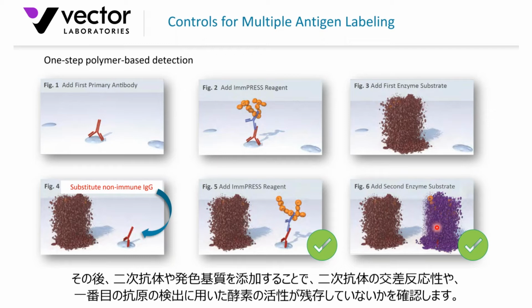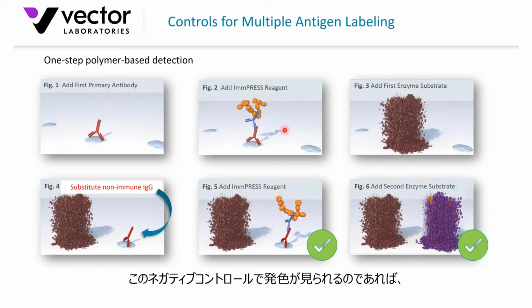The idea being you want to ensure that this secondary detection reagent is not binding to superfluous primary antibody or indeed anything else, and also ensure that this second enzyme substrate is not reacting to potentially residual or accessible enzyme, if it is the same enzyme-based detection system, from that first label.